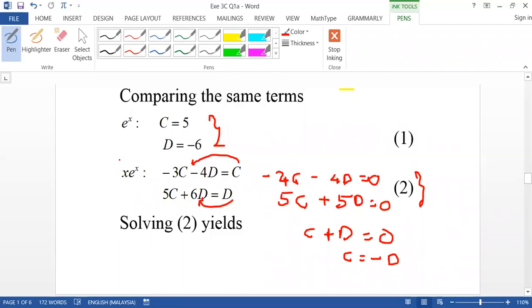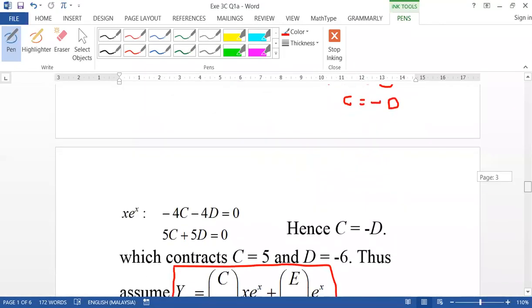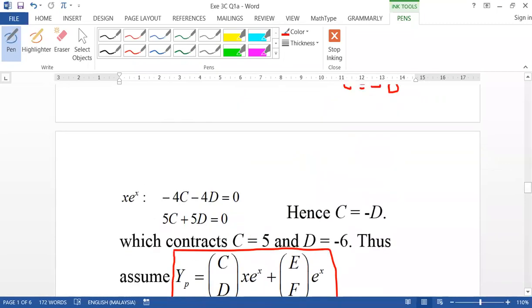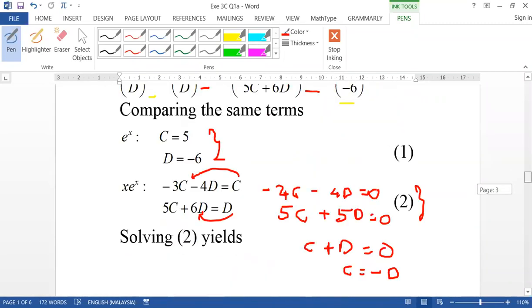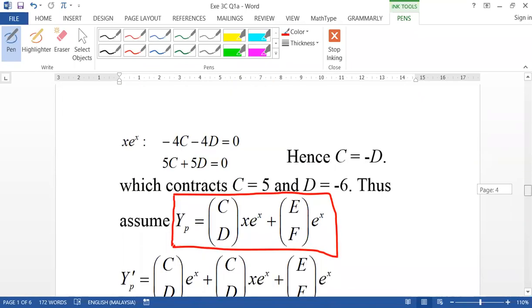But if you compare the x exponent x term, you get C equal to negative D. If C is 5, then D should be negative 5. So equations 1 and 2 actually contradict each other.